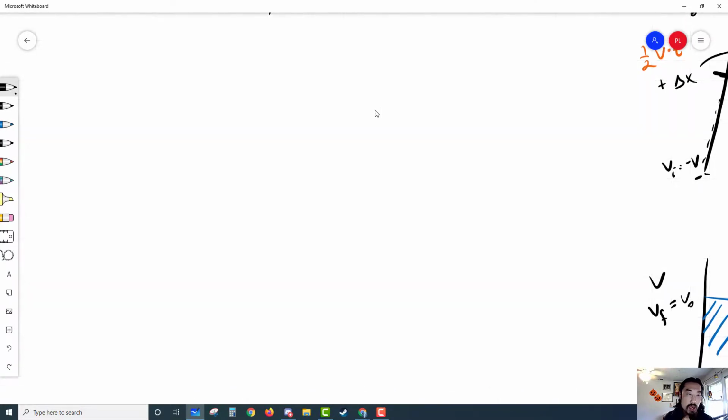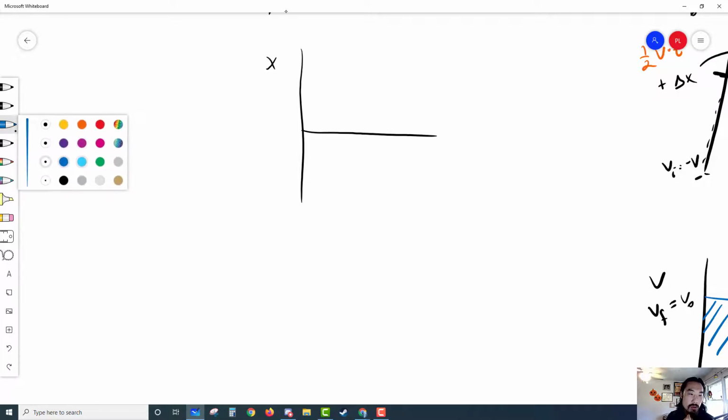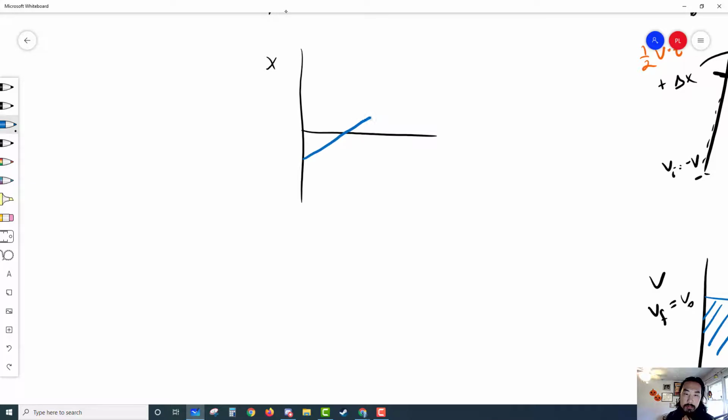And we can do this with all kinds of curved graphs, but I want to show you something else. So this is a very popular question that they love to ask. I'm going to have 2 lines. The first one I'll do in blue, and the second one I'll do in green. And I drew it this way on purpose, the dotted line and the solid line.